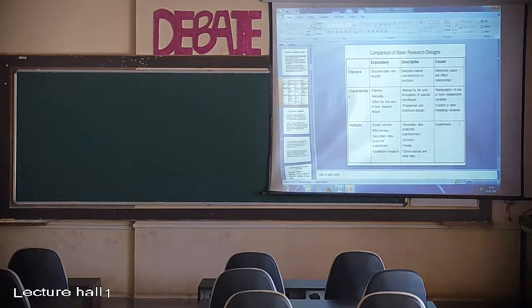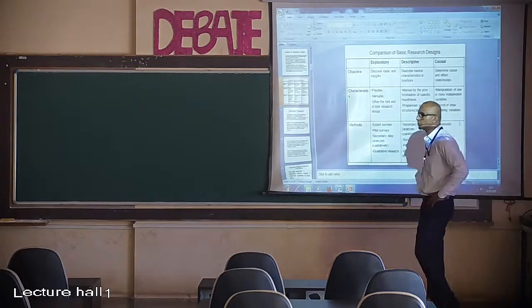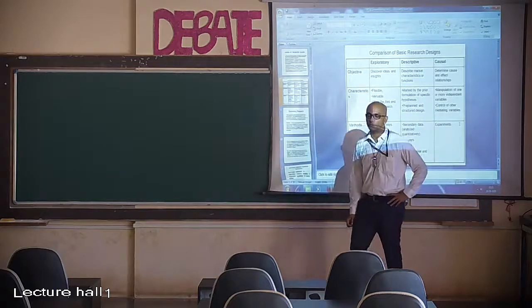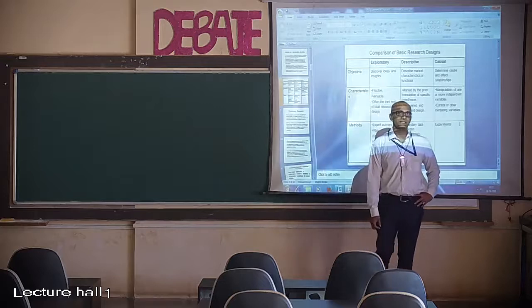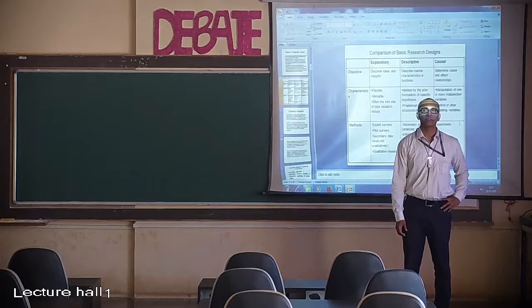Okay, now next, what are the characteristics of descriptive research? It is marked by prior formulation of specific hypotheses, and it follows a pre-planned and structured design. What does it mean by pre-planned and structured in its approach? Let's suppose I want to find out what kind of customers I should be looking for my particular product.